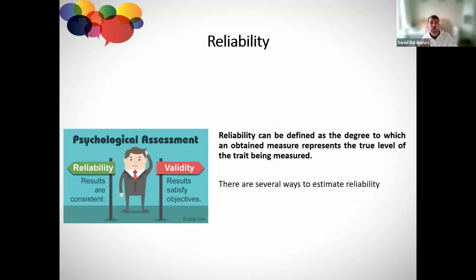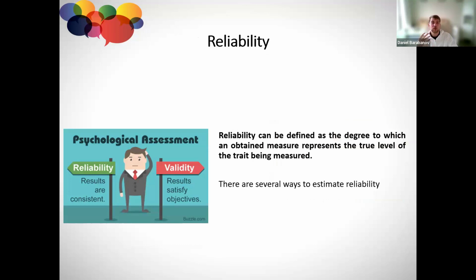So we will start with reliability. Reliability can be defined as the degree to which an obtained measure represents the true level of the trait being measured. The basic idea is that when you measure something several times, you should expect to receive the same result each time.